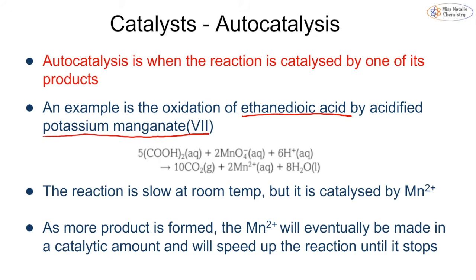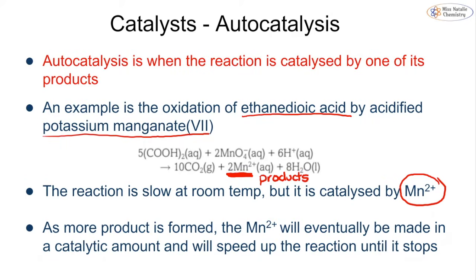So this particular reaction is quite slow at room temperature. However, it is catalyzed by the manganese ion, and you will see that the manganese ion is one of the products. So the reaction is very slow at the start, and it will still happen at room temperature, but slowly.